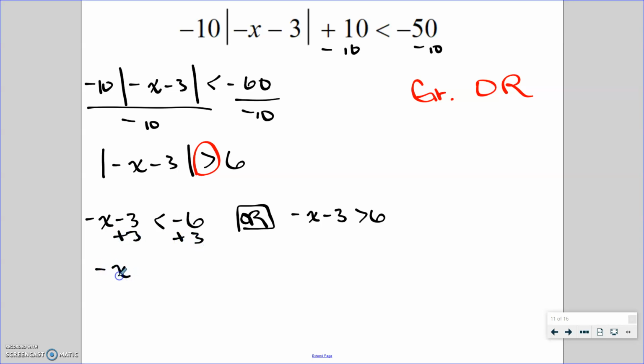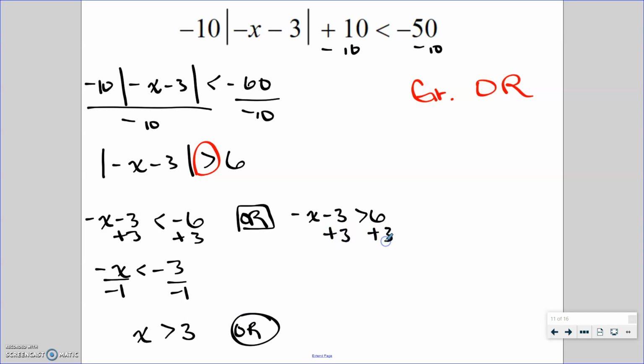We get negative x is less than negative 3. Divide by negative 1, and we get x is greater than 3, sign flipped. Or add 3. Negative x is greater than 9. Divide by negative 1. x is less than negative 9. Sign flipped again, right?